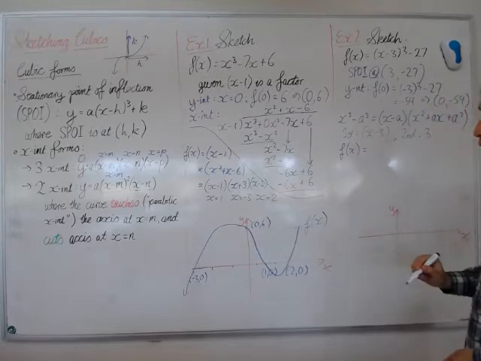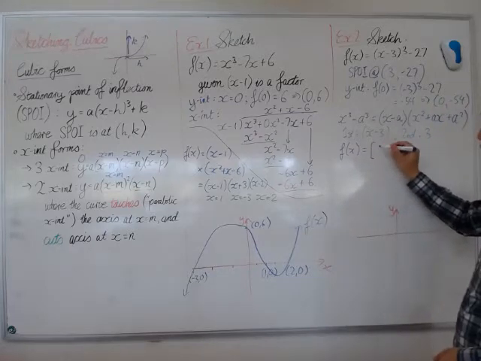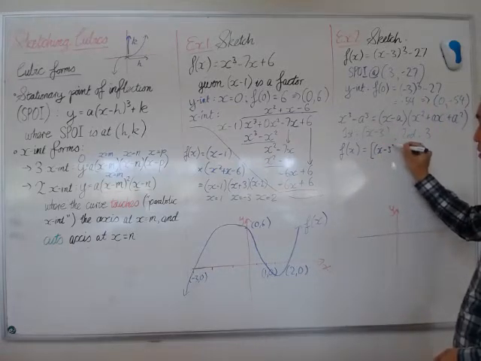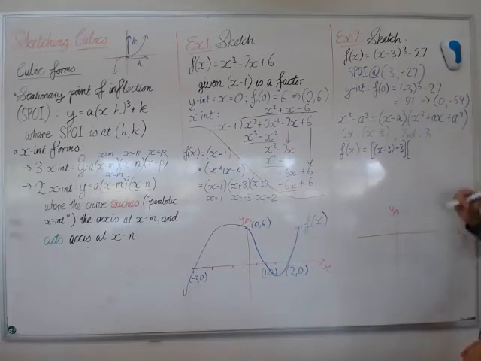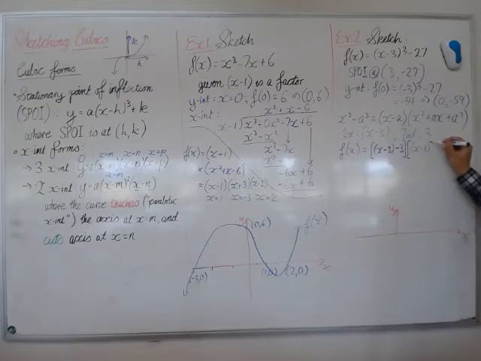So we know f of x is the first term, x minus 3, minus the second term, multiplied by the first term squared, plus, so the second term is 3, first term is x minus 3, plus 3 squared.